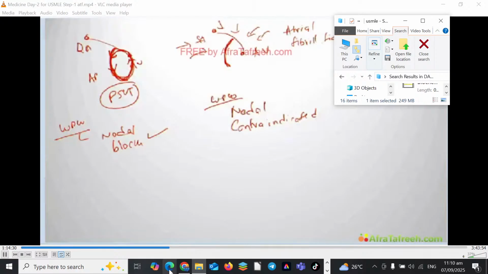One steals and one carries it forward. So you want to stop that gang, you stop one of them, that is the AV node. If this is a case of WPW syndrome also, in that case you can give adenosine if it is PSVT. Clear?